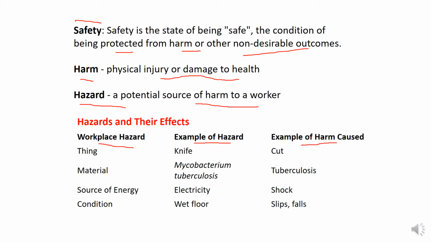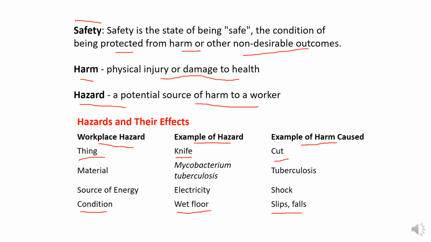For instance, the example of a hazard is a knife, and it can cause harm, making a cut to the body parts. Similarly, a workplace hazard can be a condition like a wet floor. There is a caution if the floor is wet, so that you cannot slip or fall down.